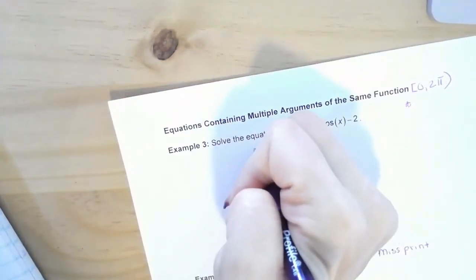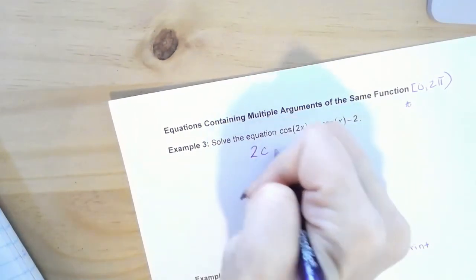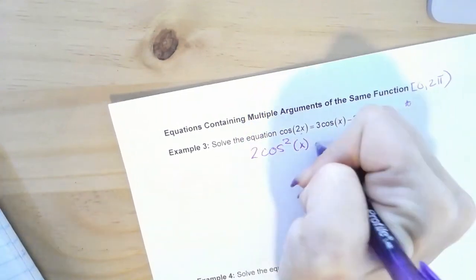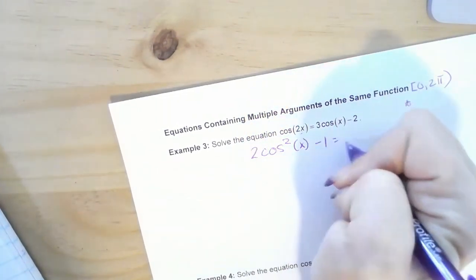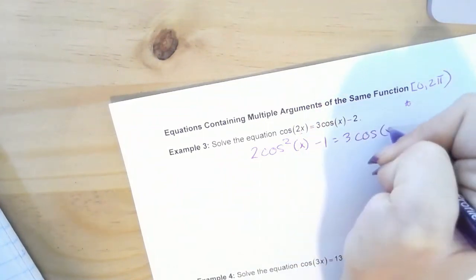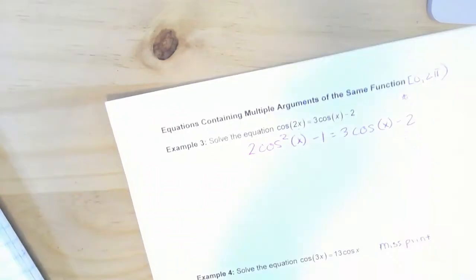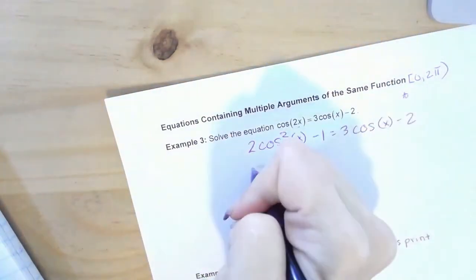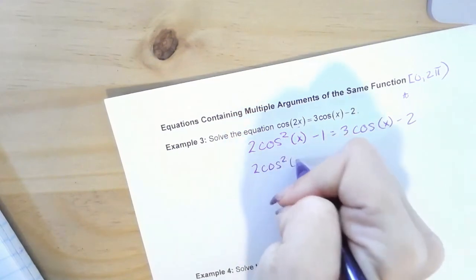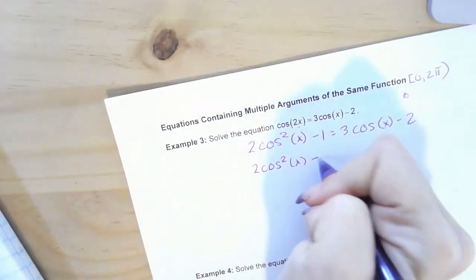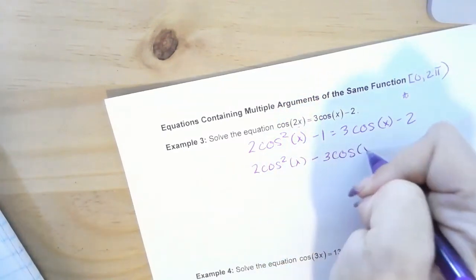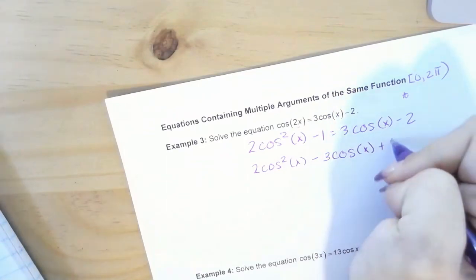So I'm going to use the one with cosine squared, which is 2 cosine squared x minus 1 equals 3 cosine x minus 2. Move everything to one side. I get 2 cosine squared x minus 3 cosine x plus 1 equals 0.